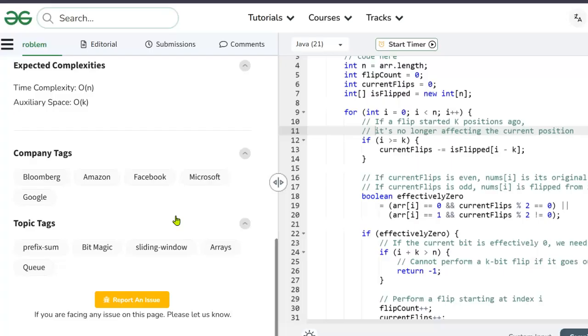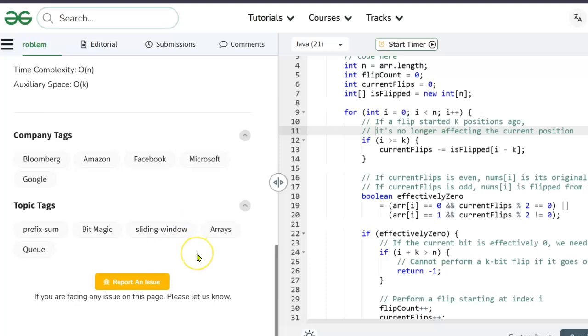What else? Prefix sum, bit magic, sliding window, Q. Prefix sum. Well, some of these we're not going to use, but apparently there's multiple ways to solve this.